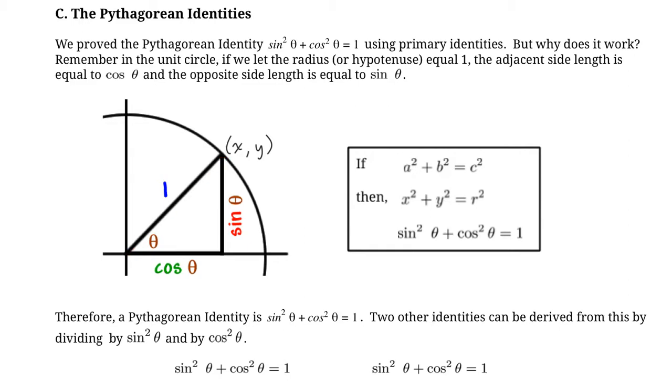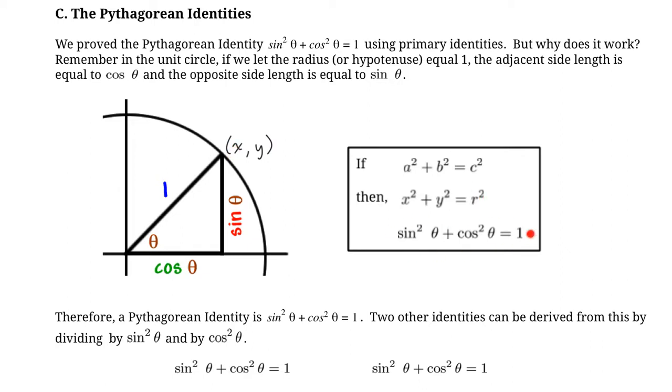From the Pythagorean theorem, we know that a squared plus b squared is equal to c squared. So from any triangle, x is just down here, so x squared plus y squared is equal to the radius squared. And we know from the unit circle that cos theta is just x, and sine theta is just y, and 1 would be our radius.